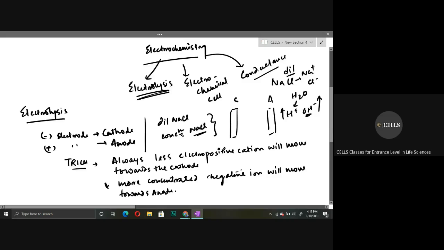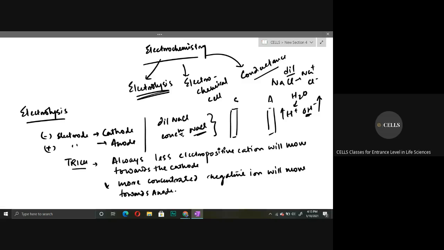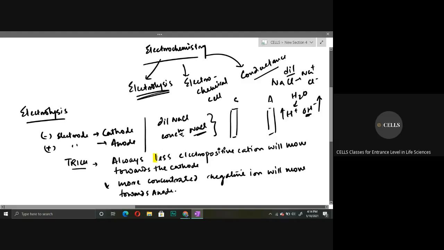Now, which ion will go to the cathode and which ion will go to the anode? I have mentioned that always the less electropositive cation will move towards the cathode. Now, you tell me, among Na plus and H plus, which one is more electropositive? Tell me in the chat box.